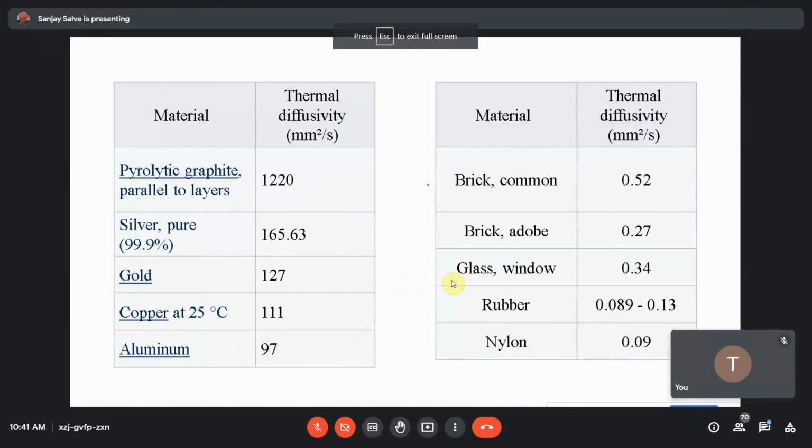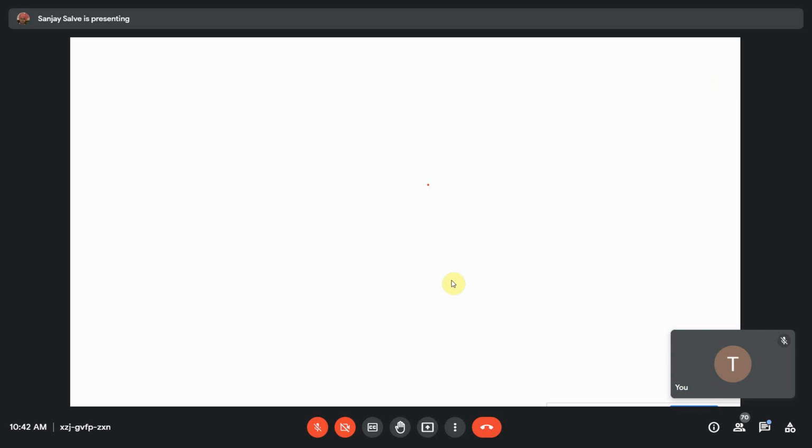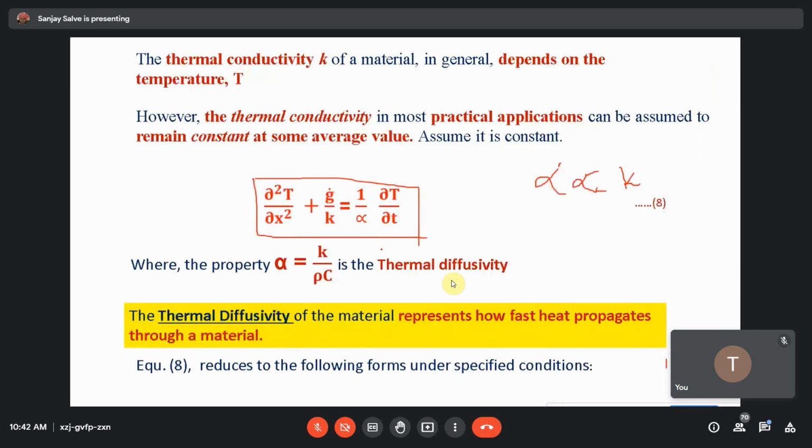Okay, so this one is steady state. Now when it is a steady state, again check equation number 8. When it is a steady state, that means this value, the change of temperature with respect to time, this is temperature and this small time t is time. So when it is a steady state, what happens?